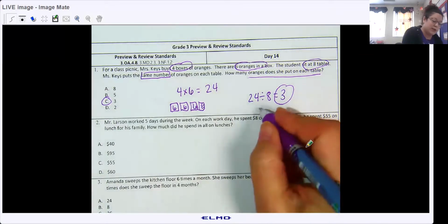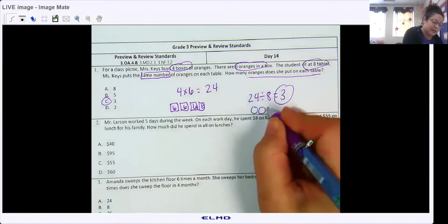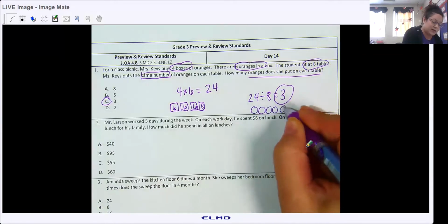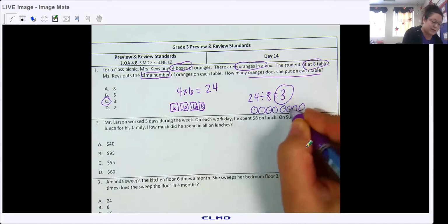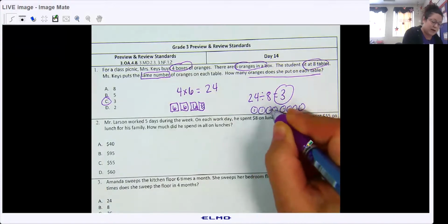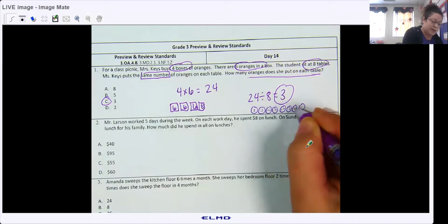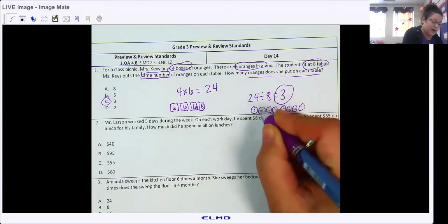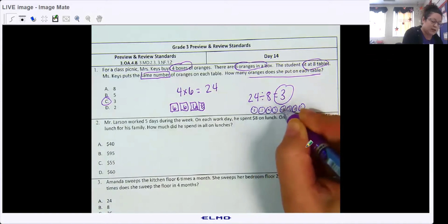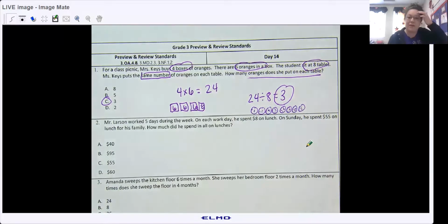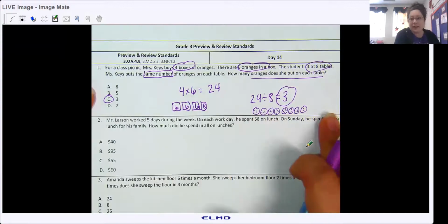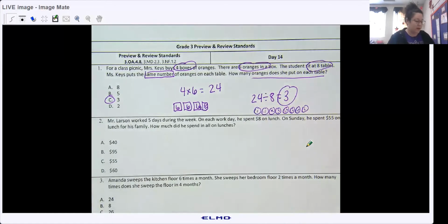You can also do the little dividing trick. 8 circles, 24 dots. Again, you should know your multiplication facts. If not, you better draw pictures to solve the problem. And then we would get 3 dots in each circle. You don't have to do that if you know your facts.